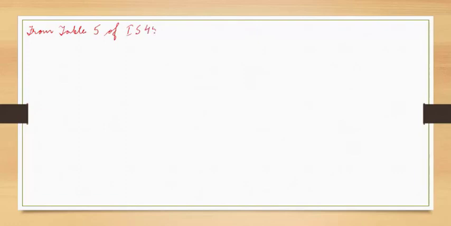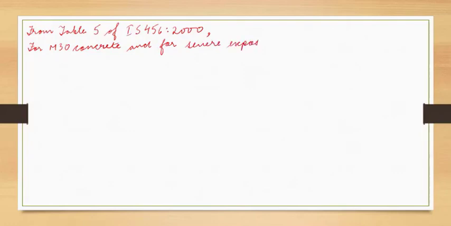From table 5 of IS 456-2000, for M30 concrete and for severe exposure condition, we have the maximum water cement ratio as 0.45.